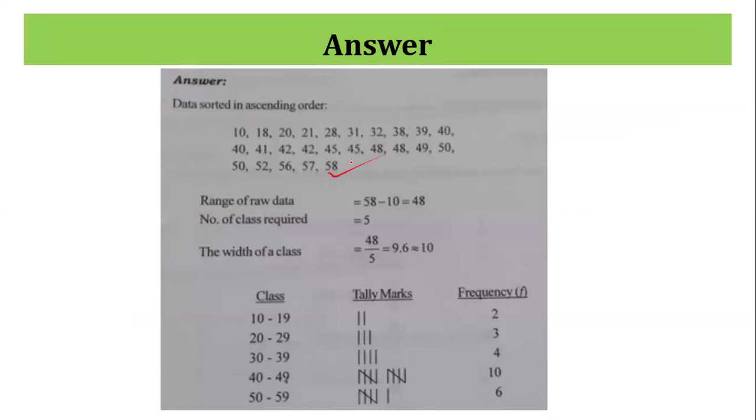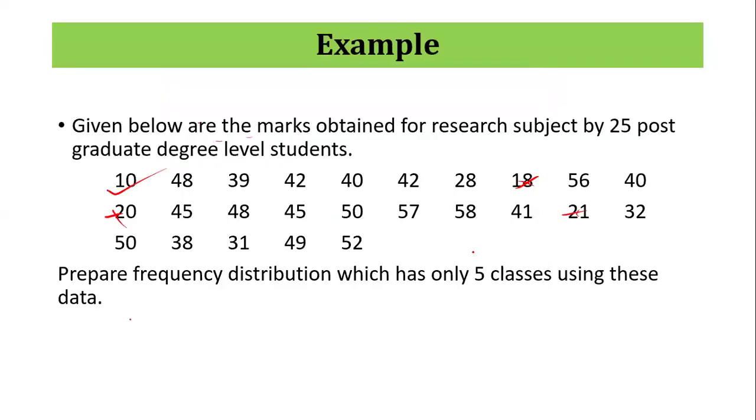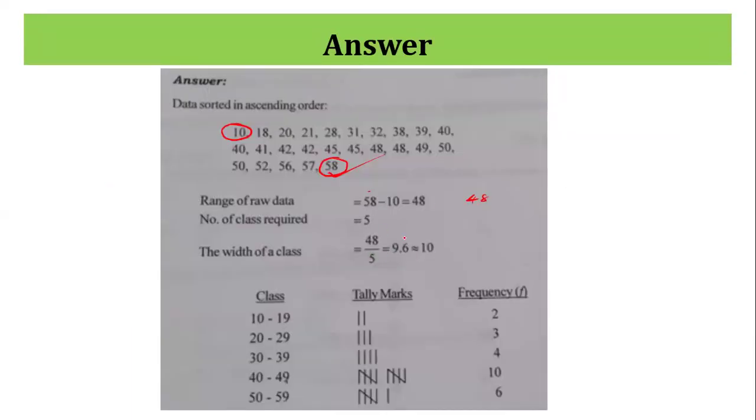After that we identified the highest value 58 and the lowest value 10. 58 minus 10 equals 48. The question clearly mentions 5 classes. 48 divided by 5 is 9.6, which is approximately equal to 10.